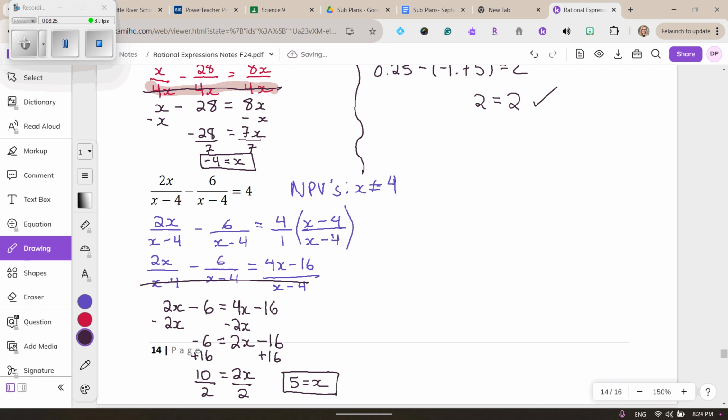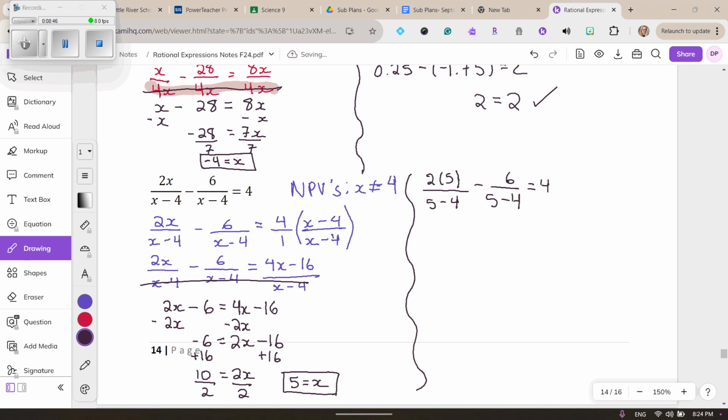And I divide by 2, get 5 equals x. Now, I did not bring home my answer key, so I better check my work. 2 times 5 over top of 5 minus 4, minus 6 over top of 5 minus 4 equals 4.